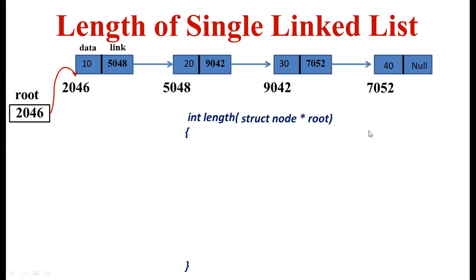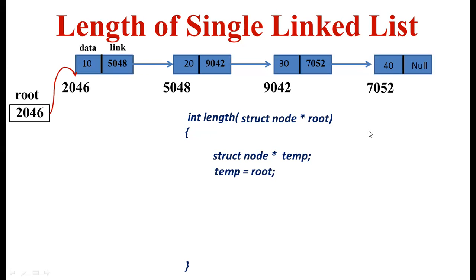Suppose you are passing locally, then you have to declare one more variable, a struct node pointer variable whose name is temp. To the temp variable we need to collect the value of the root. So temp is equal to root. We are assigning the root value into the temp.